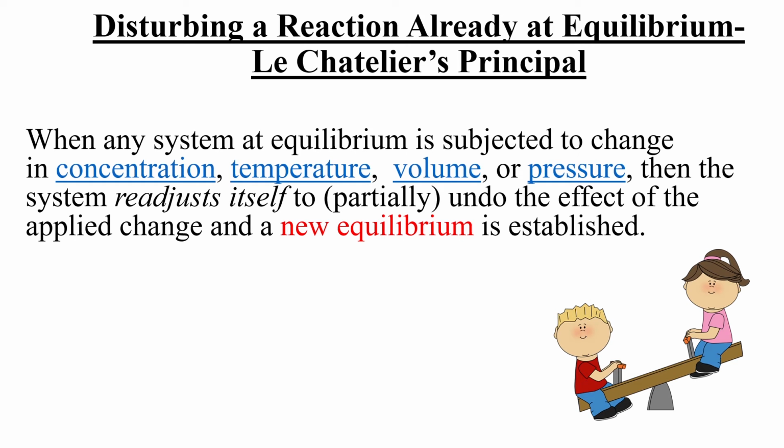Our next topic is disturbing a reaction that is already at the equilibrium. And this was actually studied by a scientist, Le Chatelier, and it is called Le Chatelier's principle.